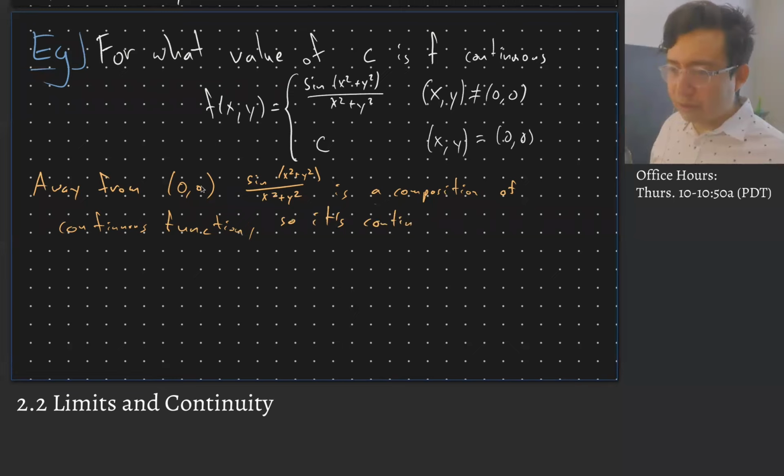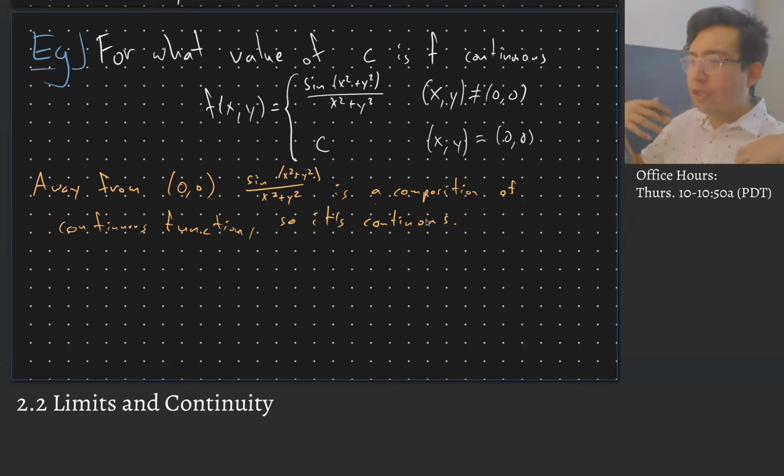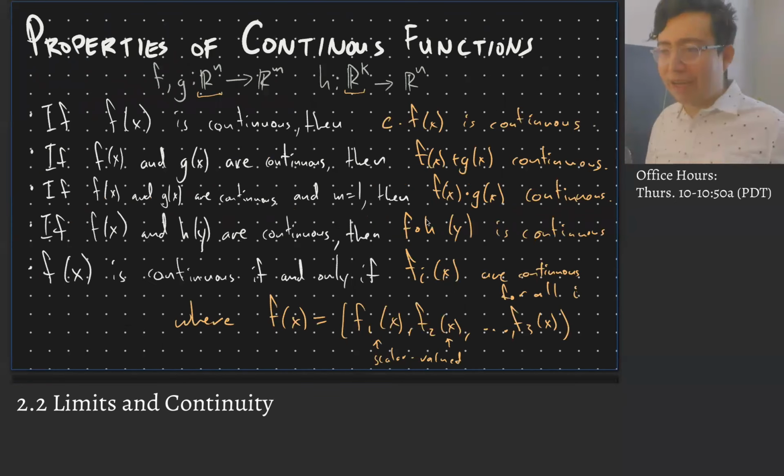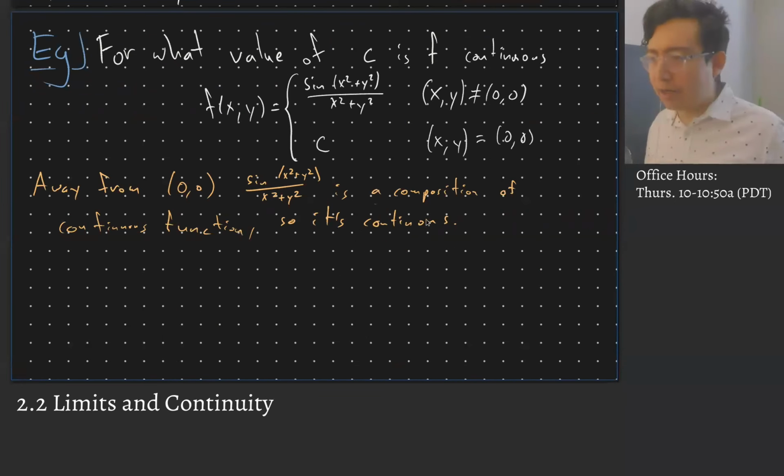Again, still away from the origin, this function is, I was going to say very obviously continuous, but I guess it's only obvious if you've taken all of these building blocks for granted, right? But basically, it's built out of continuous functions, and so it's clearly continuous.